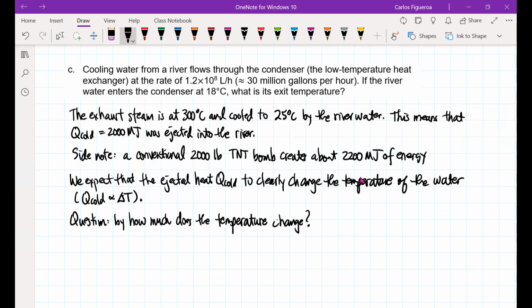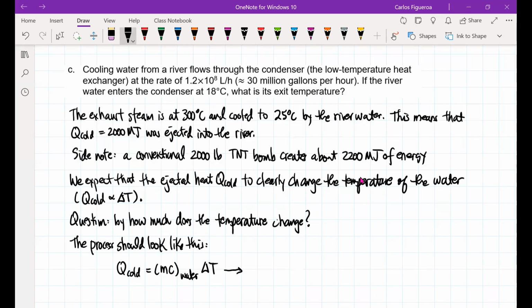So if I was to look at sort of like a flow chart, the process should look like this. The first thing here is that I know that this heat has to change the thermal mass of the water, and that's going to create a temperature change.